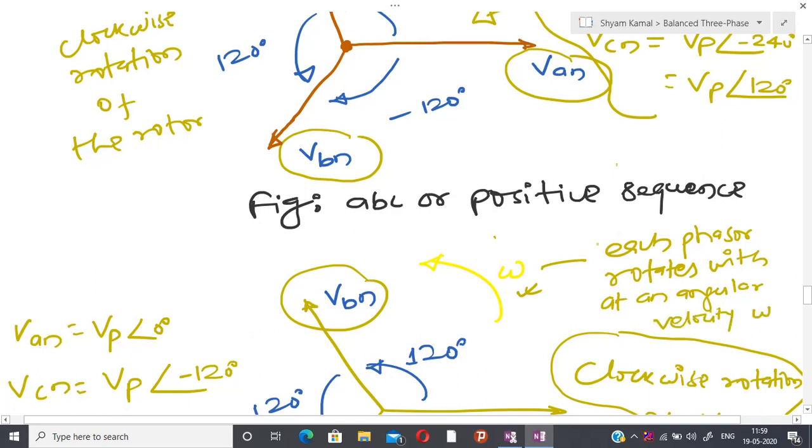We are not telling that this is the clockwise or counterclockwise direction. So please do not confuse.